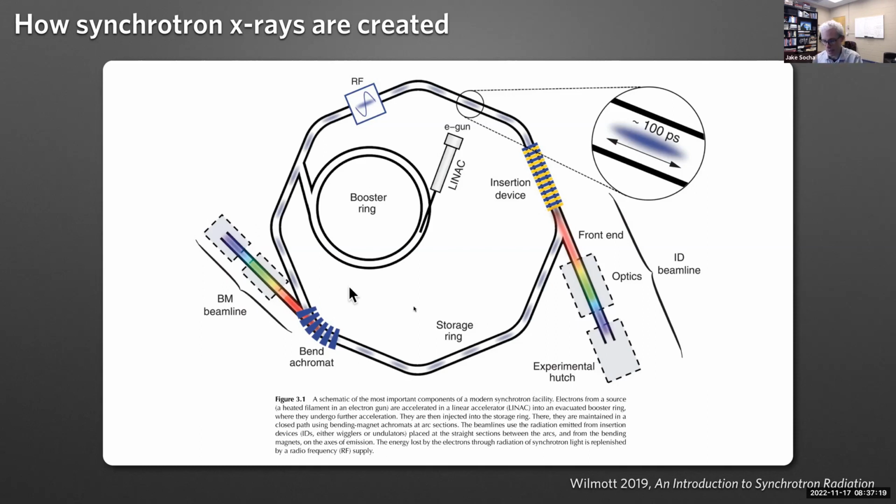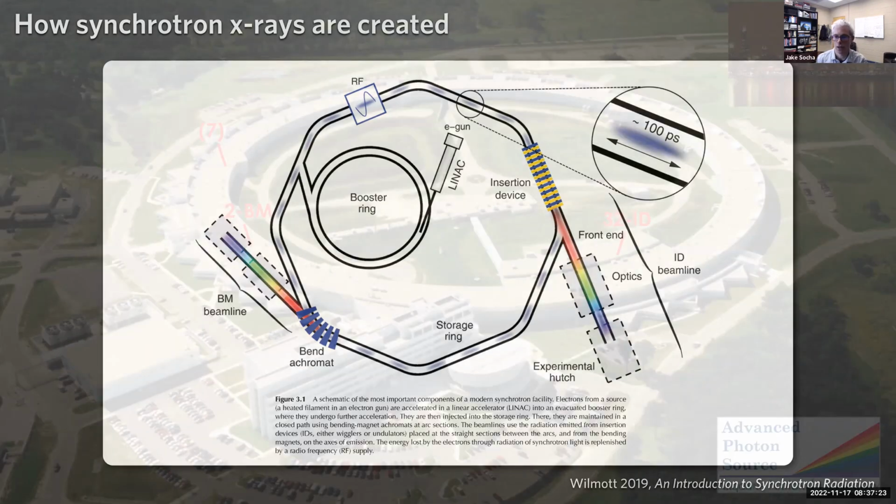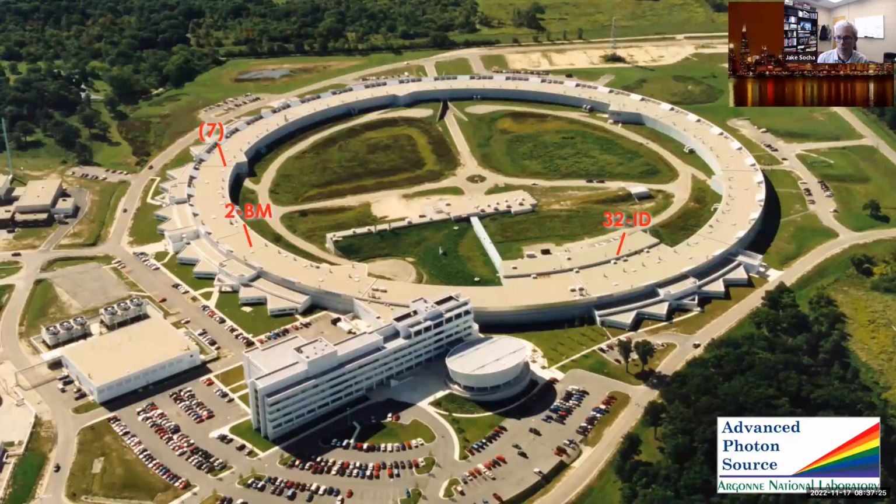So this is just a schematic. Let me show you a picture of a real synchrotron, and I'll show you where all the beam lines are as well. This is the Advanced Photon Source. It was built in the late 90s, and it is at Argonne National Lab, which is 42 miles west of Chicago.